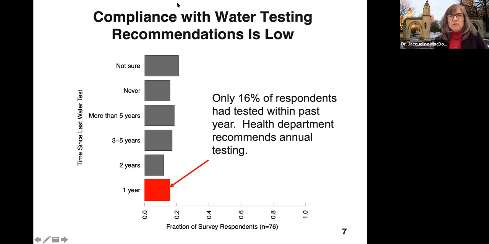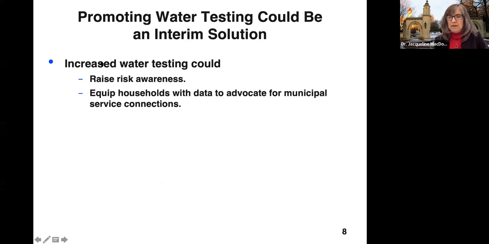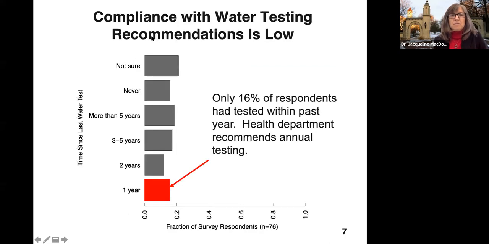We also found from this same survey that compliance with state guidelines for water testing was really low. The state of North Carolina has recommended frequencies of well water testing for various contaminants. Of course, annual testing is recommended for microbial contaminants, and lead testing every 2 years.